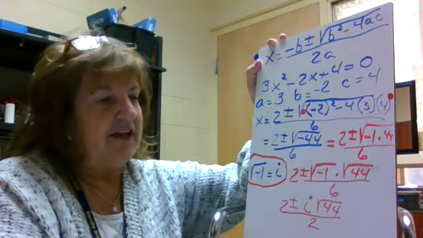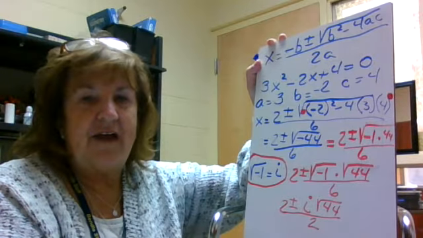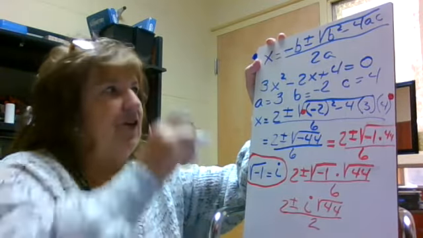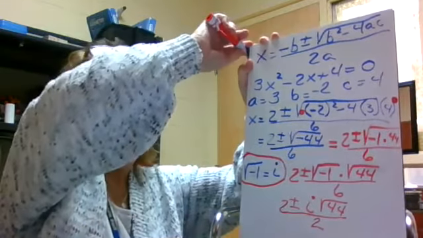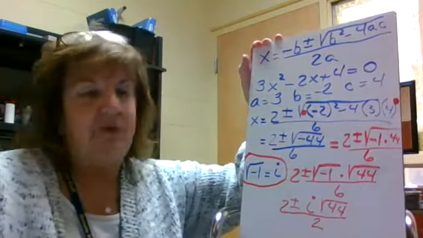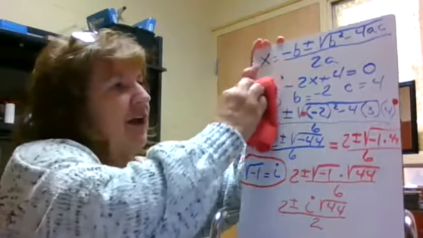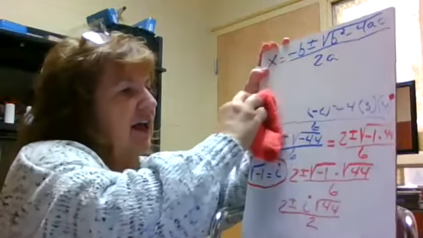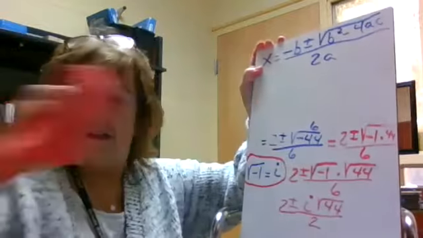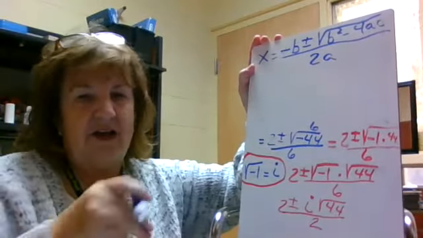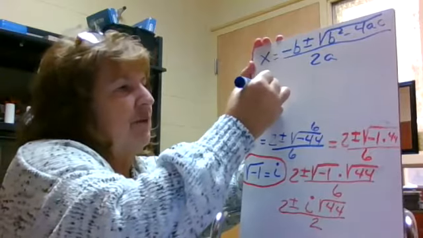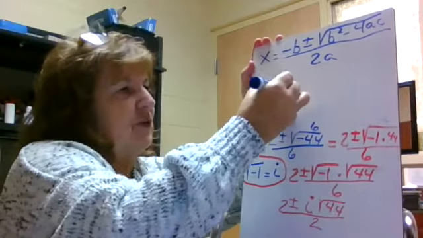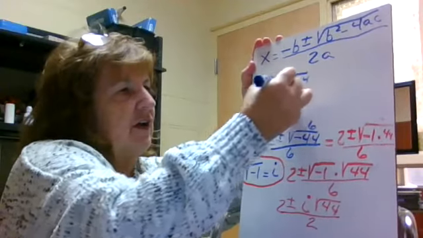Now, depending upon whether you have a scientific calculator or not, and actually because we're running out of space, I'm going to erase this top part here. Right now, we have 2 plus or minus I square root of 44 all over 6.